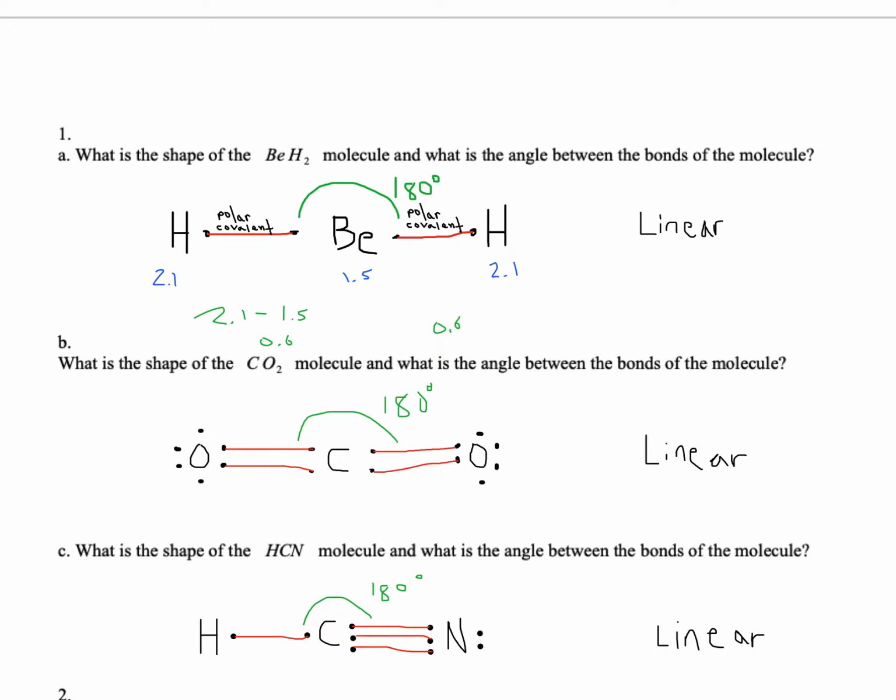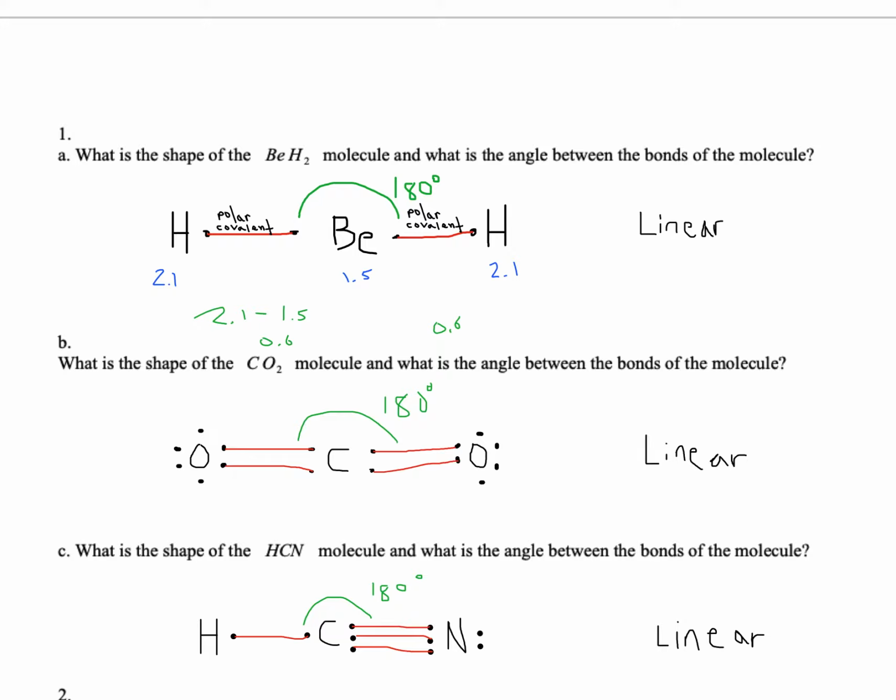Now that we know they're both polar covalent bonds, we can signify this not by writing it, but by using a symbol, which is a Greek letter delta. And we want to put either a minus or a plus, depending on which atom turns out to be slightly more positive than the other.